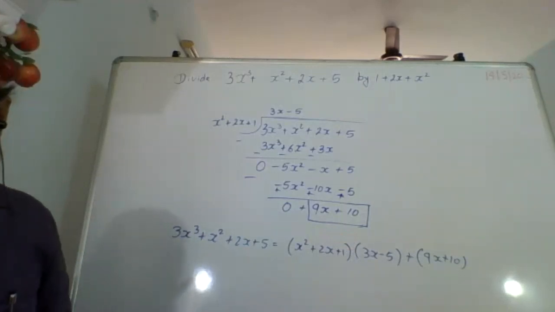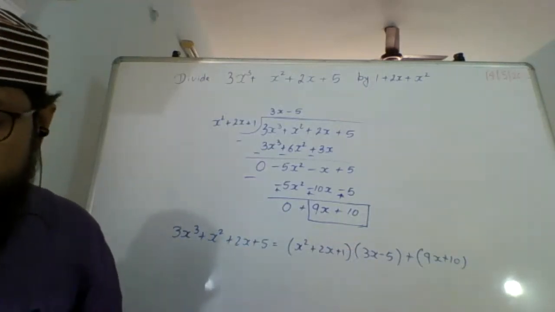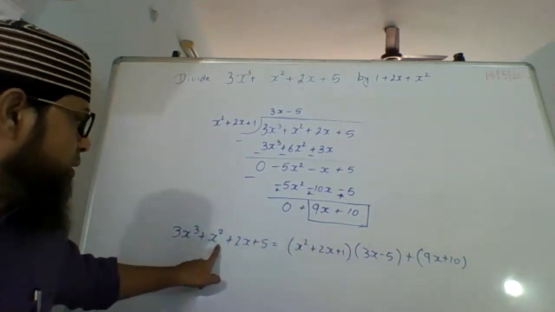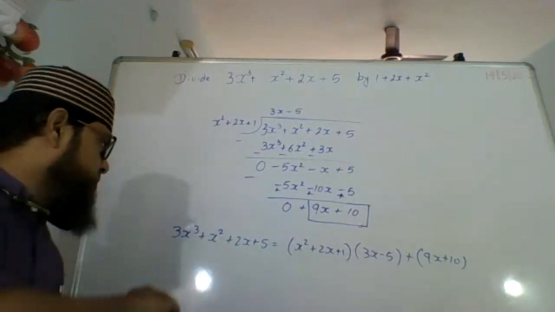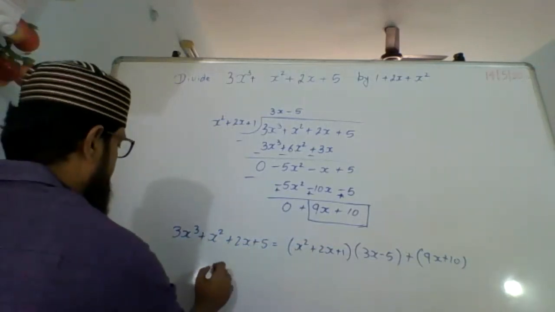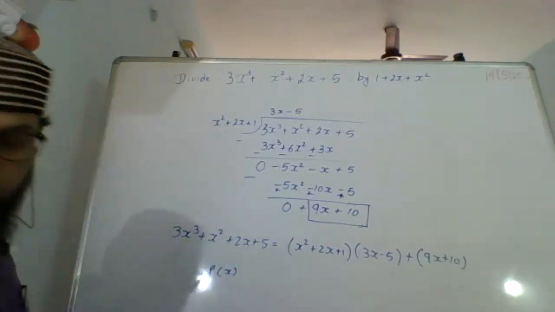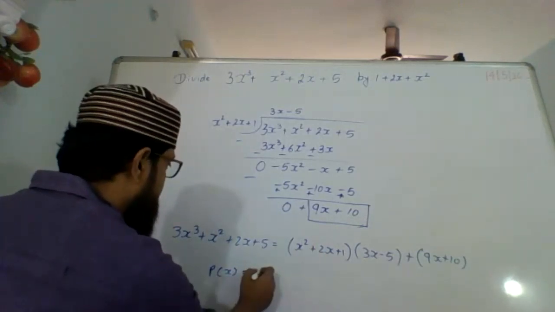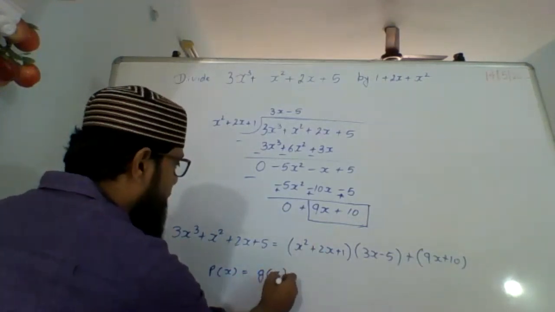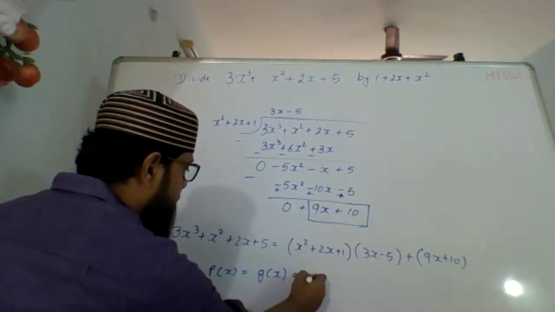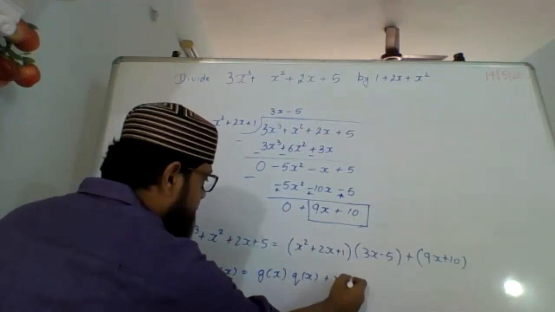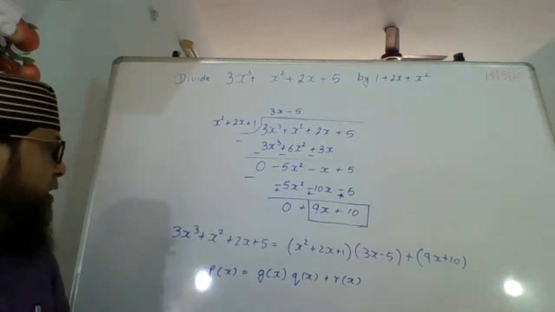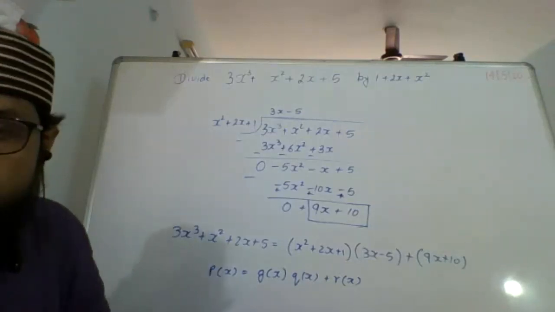Okay, copy this. We'll see one more. This is basically your division algorithm. This is P of x, that is a polynomial in x, equals divisor, that is another polynomial, g of x, into quotient q of x plus remainder r of x, all of them in x.